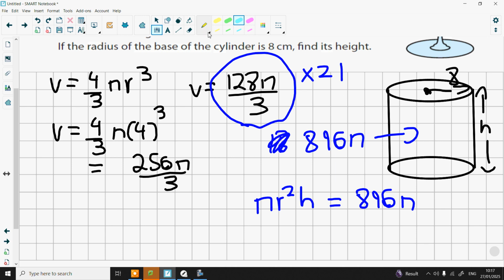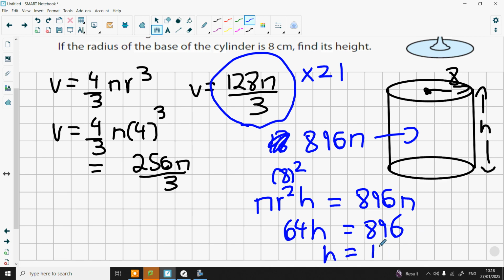Because they're on both sides. What can I do with the r squared? What can I change that into? 8 squared, which turns into what? 64. Get your 896 and divide it by 64 for me. What did you get?